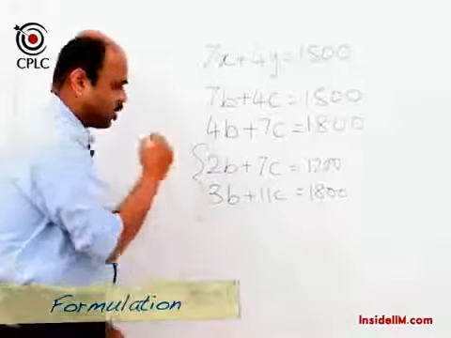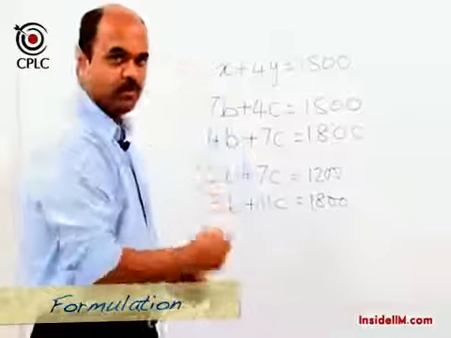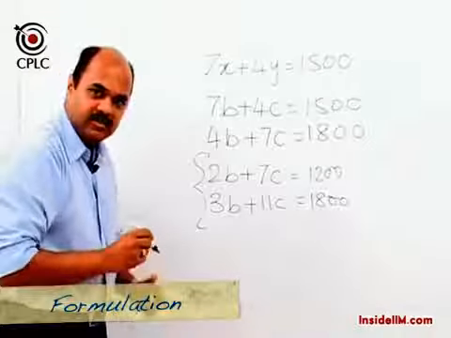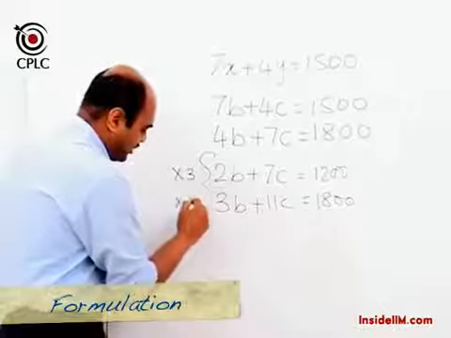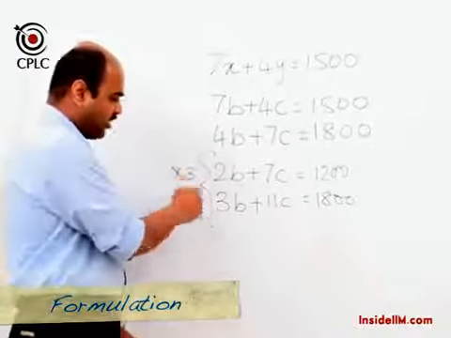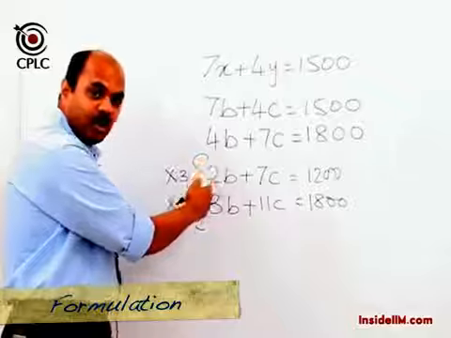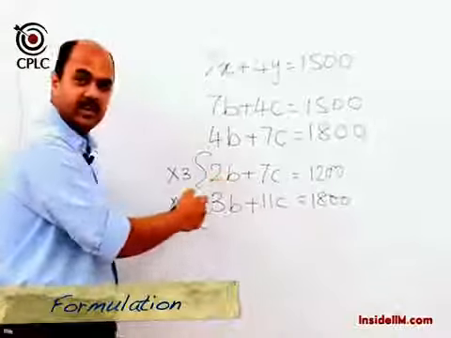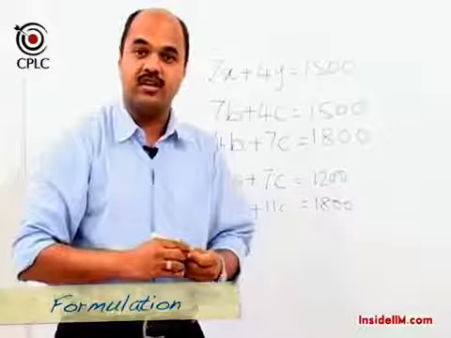Now if we want to solve these two equations, and whenever we ask how do we move on, the standard answer is multiply this by 3 and multiply this by 2. This equation by 3 and this equation by 2, so that the coefficient corresponding to B will become 6 in each case. Then we can move on and solve the equations.